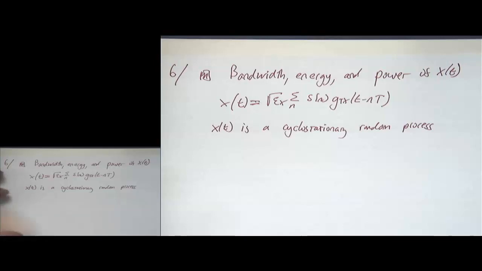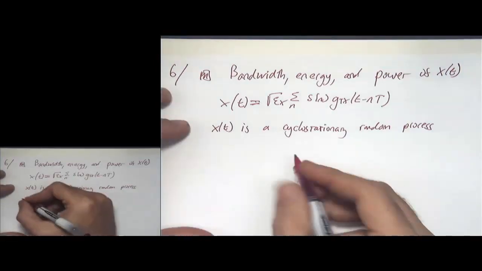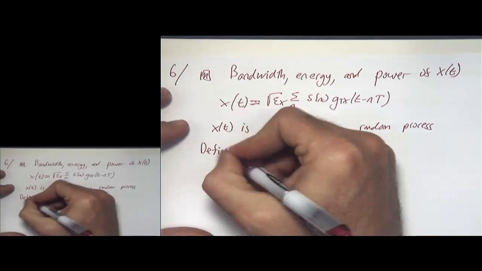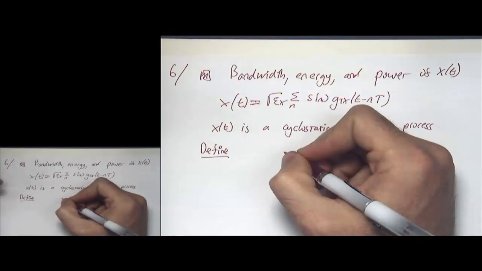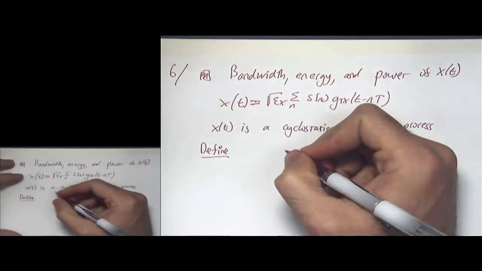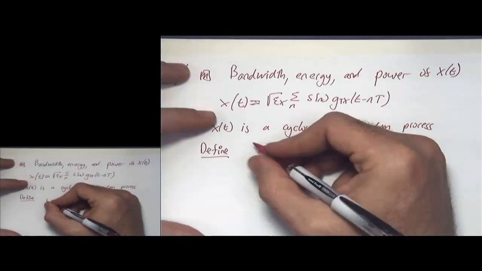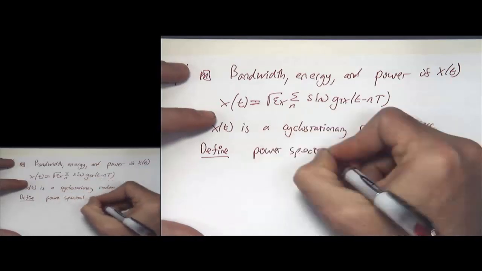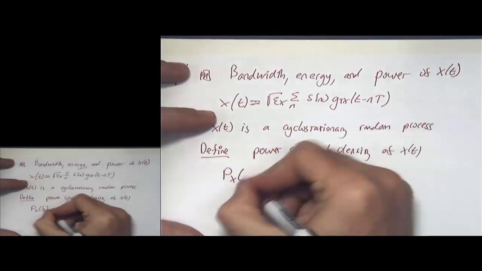So using some results from cyclostationary random processes, we can essentially define, in the same way that we define a Fourier transform for a periodic signal using its Fourier series coefficients, and skipping some technical details here, the power spectral density of x of t as P_x of f.